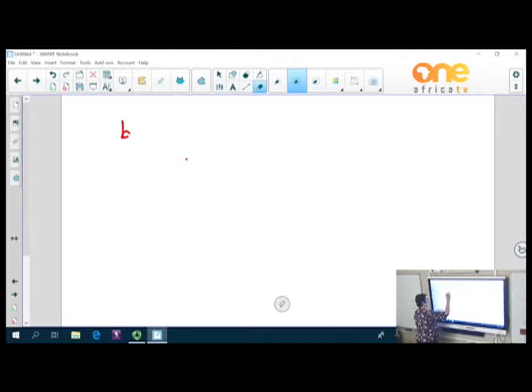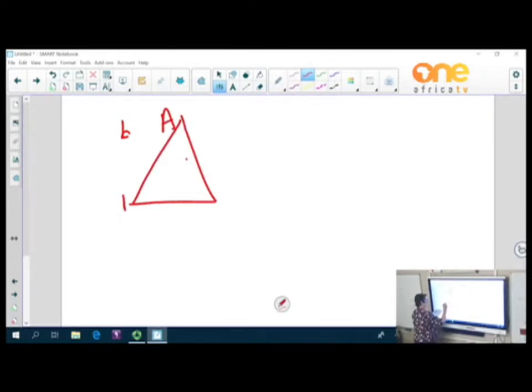Just redo this one. Number B. So there's the triangle ABC. And let's label them again. This is B, this is A, this is C. Make sure that you understand that. So C is 7, B is 5, and C is 47 degrees.